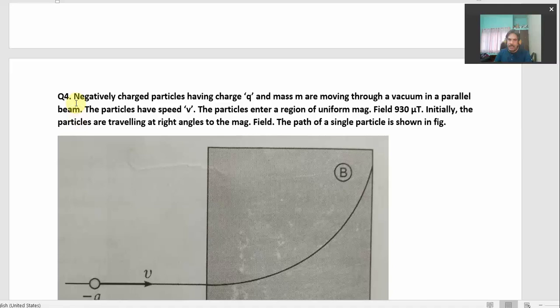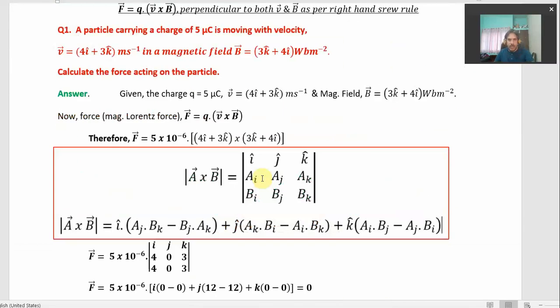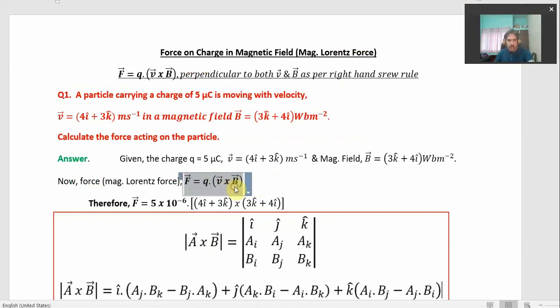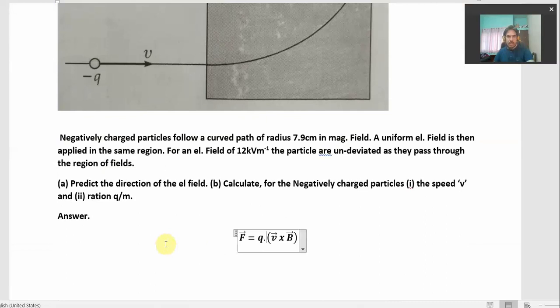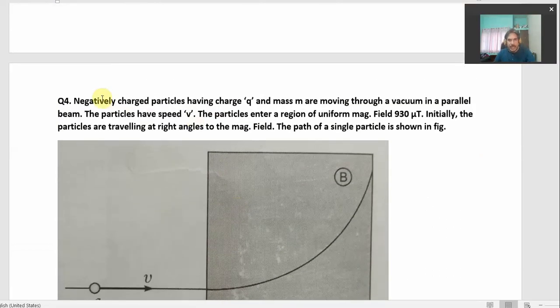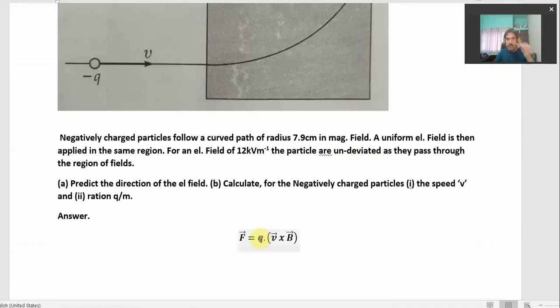And if it is a negatively charged particle, then in the formula we put a minus sign for the negative charge, so it will be minus Q. For example, the charge on one electron is minus 1.6 into 10 to the power minus 19 coulomb, so we put a minus sign with it.